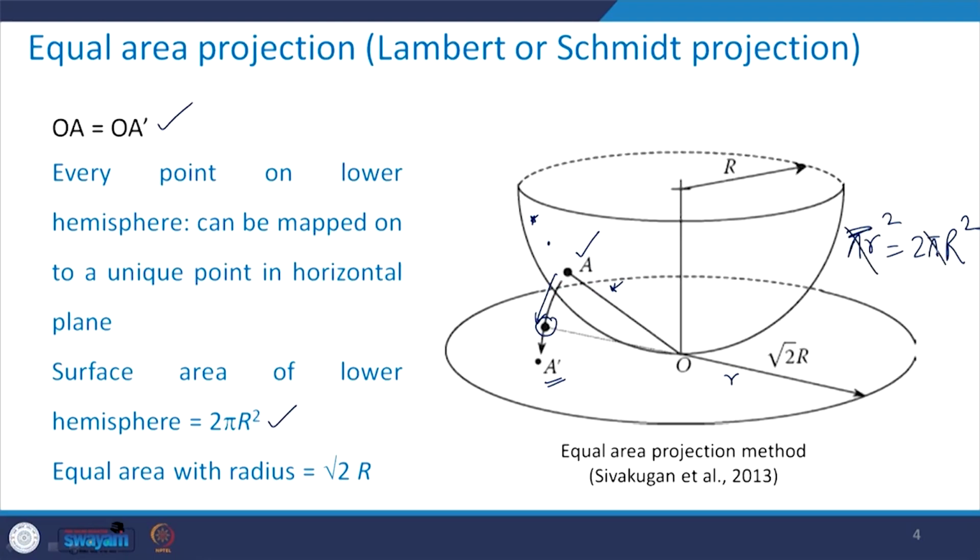Now, this pi and this pi will get cancelled and small r will become equal to square root of 2 times R. So, this is what has been given here: the equivalent area, which is equivalent to the surface area of the lower hemisphere, will have a radius of square root 2 times the radius of the hemisphere. So, with this concept of equal area projection, we will represent the geological data.